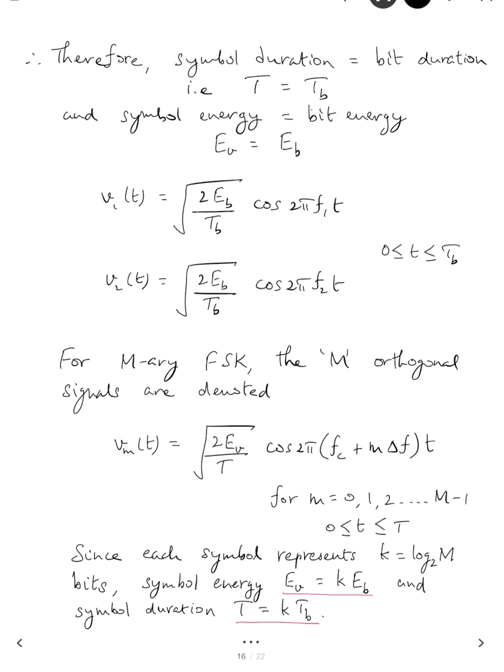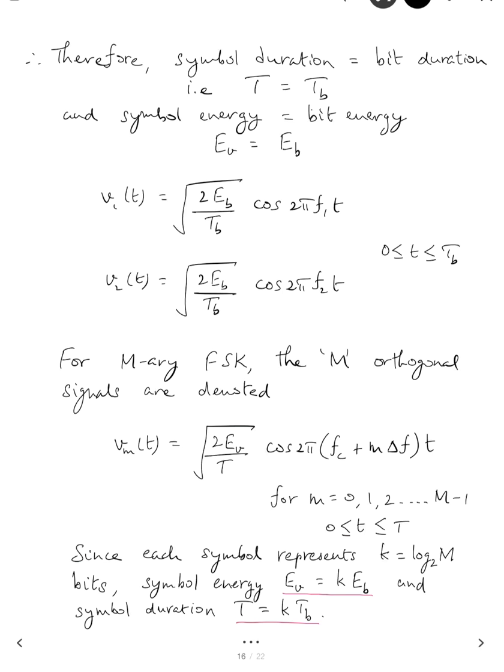But if it is M-ary FSK, that is multi-dimensional FSK, then the energy of each pulse, of each symbol, is basically distributed among all the k bits, because in M-ary each symbol is k bits long. For example, if we have capital M equal to 4, then you have 4 symbols, which are 0 0, 0 1, 1 0, 1 1.